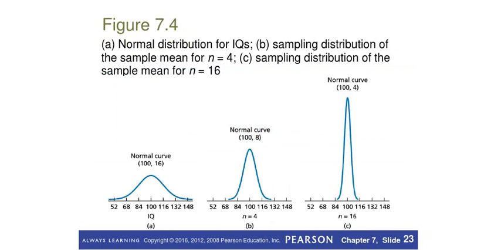What we're talking about right here is this. Let's talk about our normal IQs. Then on our normal curve, we should expect, like in this first curve right here, that if we have a mean of 100 and a standard deviation of 16, then if we take a sample of size 4, we're going to take that 16 divided by the square root of 4, which is 2, so that's a normal curve with a mean of 100 and a standard deviation of 8.